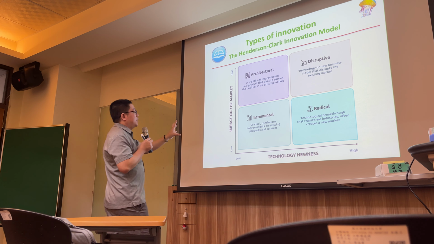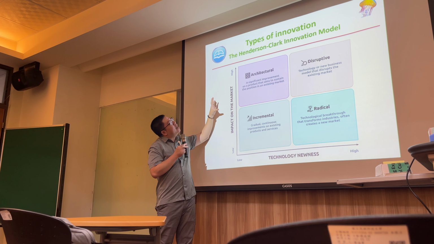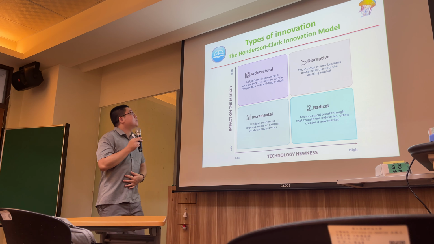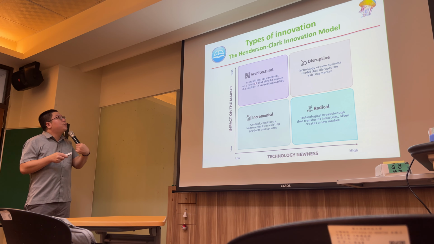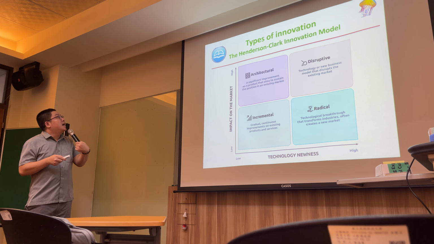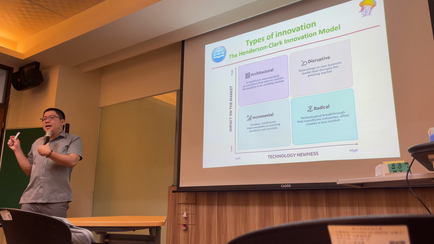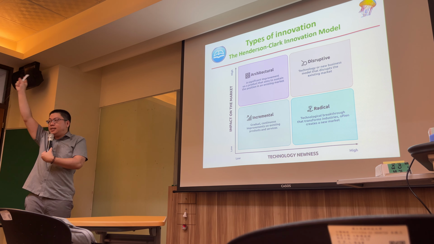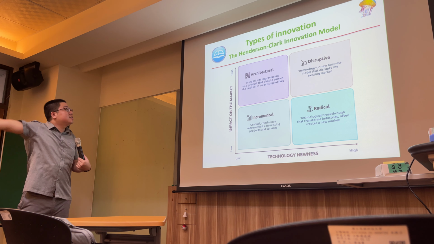Next one, low technological novelty but high impact on the market: architectural. It is a significant improvement on the product that aims to sustain the position in the existing market. And the highest level of innovation is disruptive. It means you change the market, you change the business model.